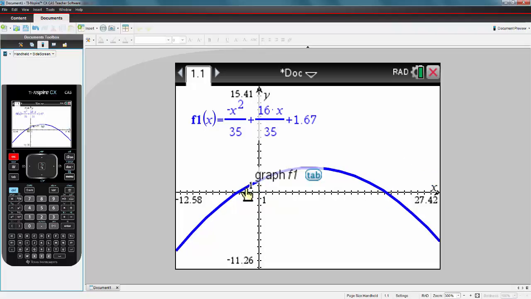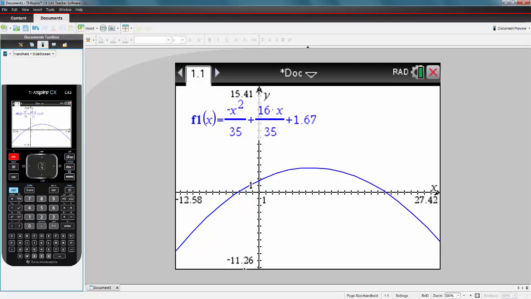So x is the distance it has traveled, measured from where he's standing. X is 0, x is 1 meter, 2 meters, 3 meters. X is in meters. Here's where it's going to hit the ground, and they have to measure how far it flew. The height above the ground is the y-axis, also in meters.